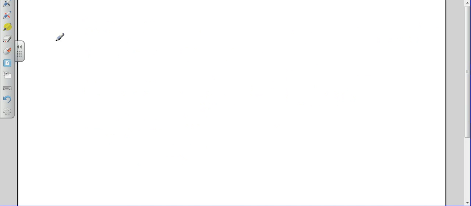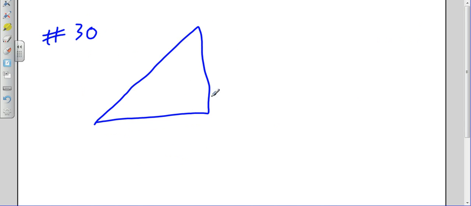Okay, number 30. And we want to solve the right triangle. Okay, so I've got a right triangle, and I've got an A angle of 20 degrees, and I've got a B sitting up there of 70 degrees, because those two have to add up to 90.